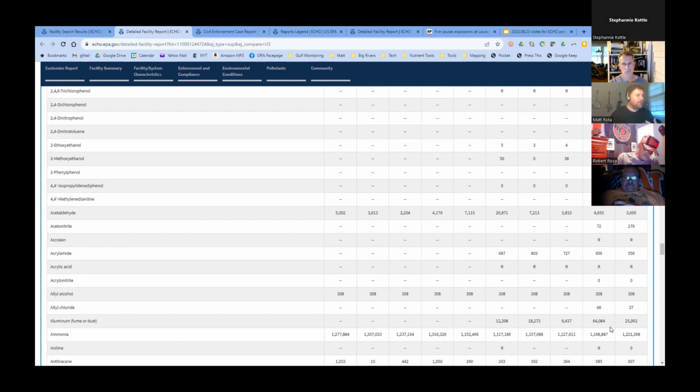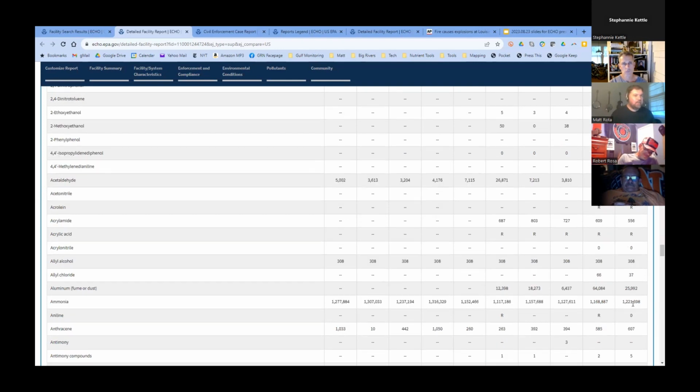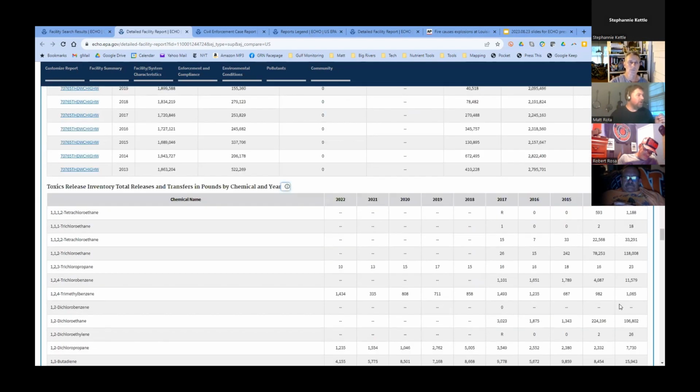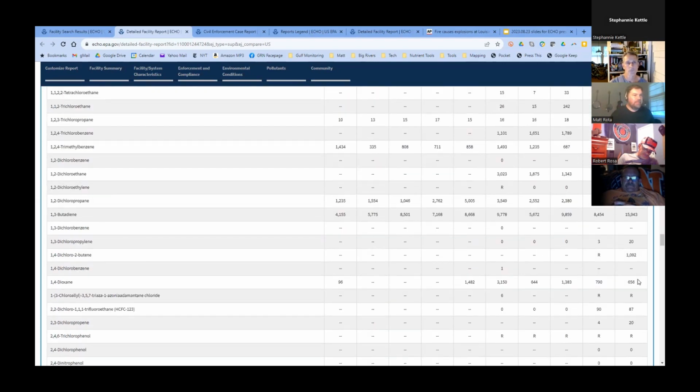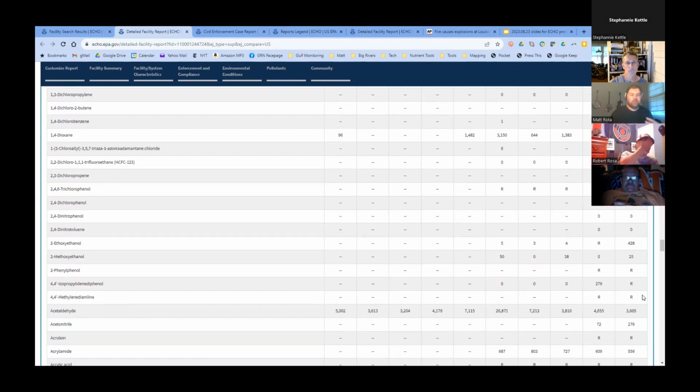You can look at this information and say, this facility is emitting 1.2 million pounds of ammonia into the air and into the water, into the environment. This is air and water, the TRI, and that can really raise awareness for people and start educating them about what's coming from these facilities.